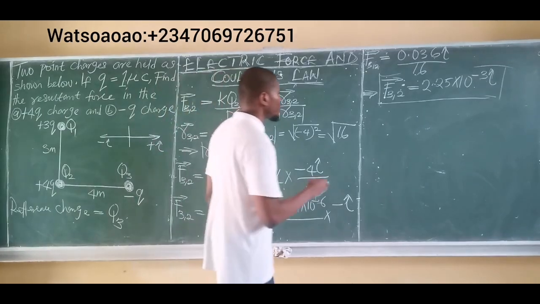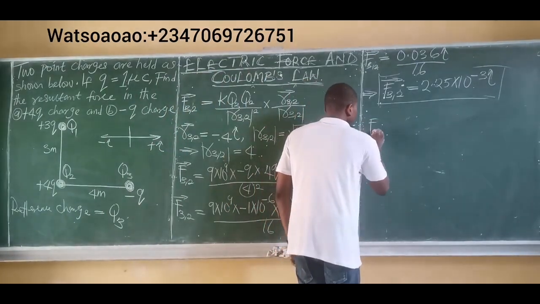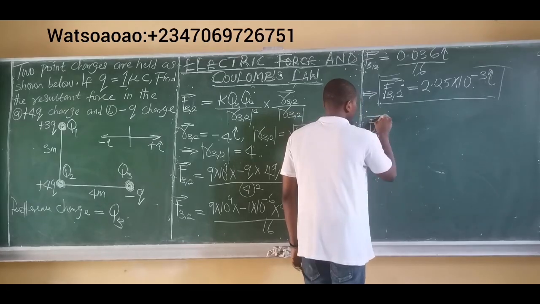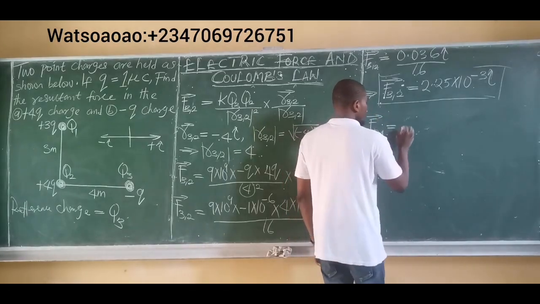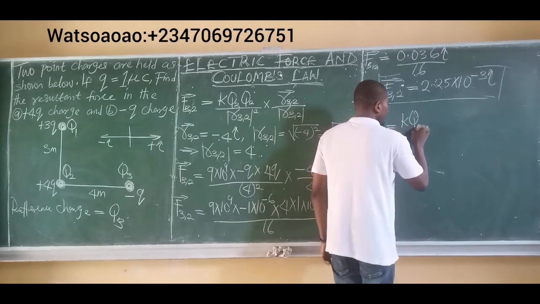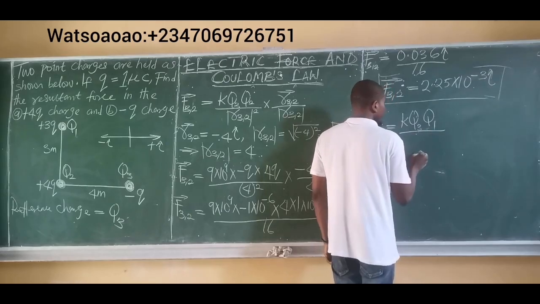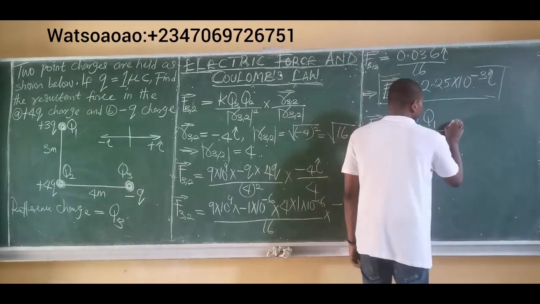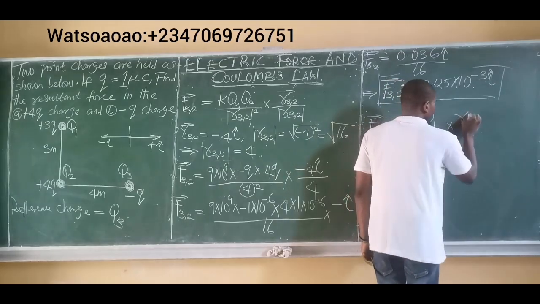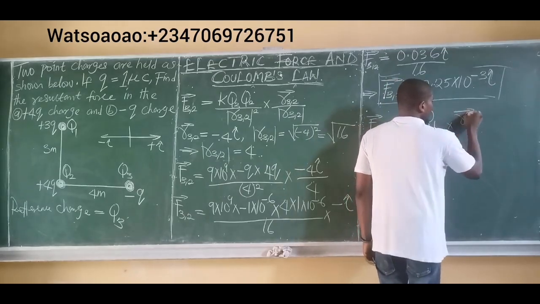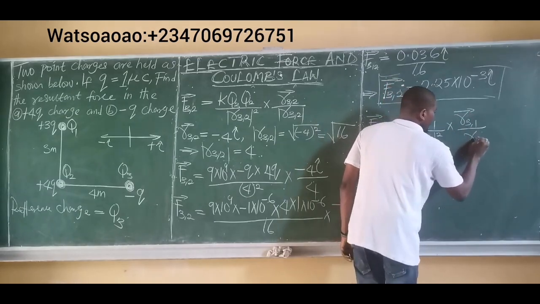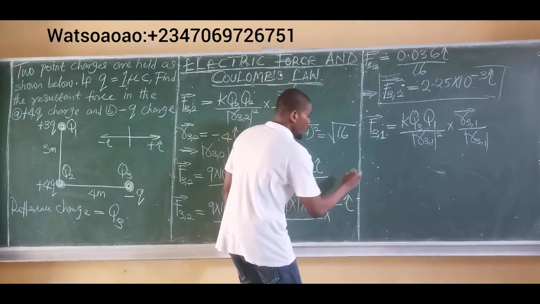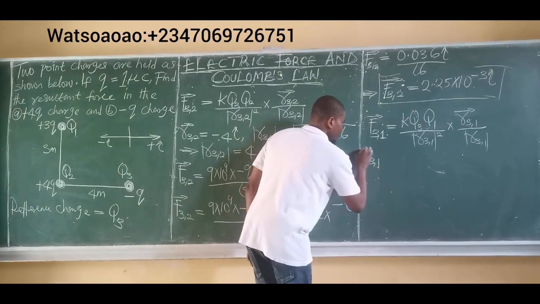Okay, so the force between charge 3 and charge 1 is going to be equal to, remember, K Q3 Q1 divided by R31 all squared, multiplied by the unit vector, which is the position vector between charge 3 and charge 1 divided by the magnitude of that position vector. So let's find the position vector between charge 3 and charge 1.